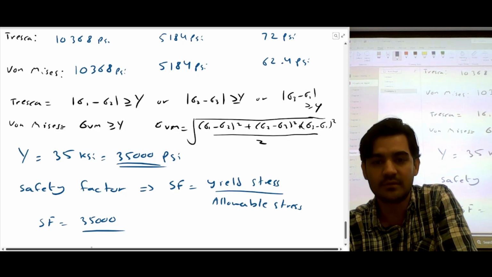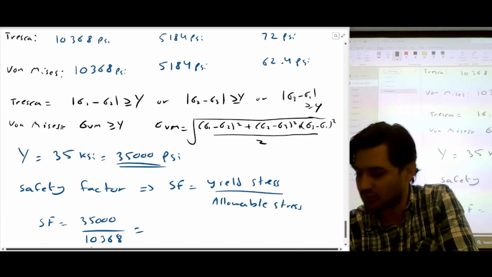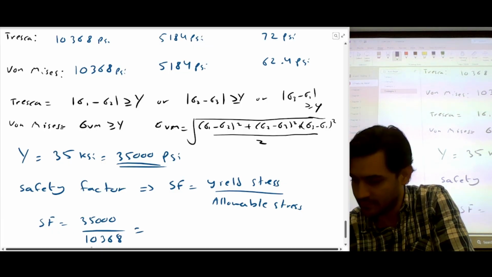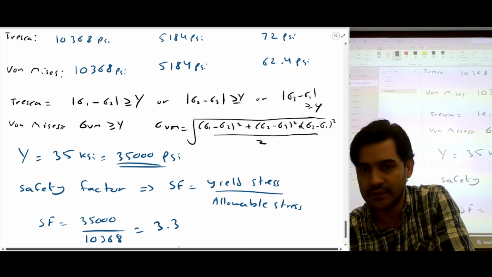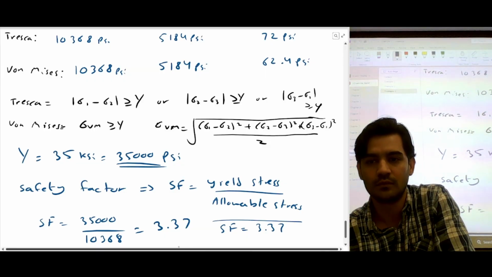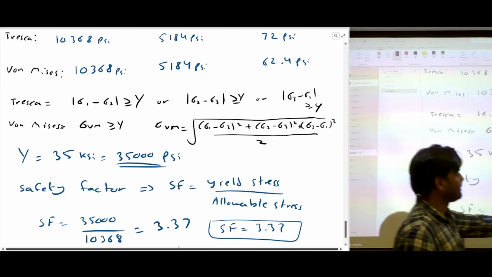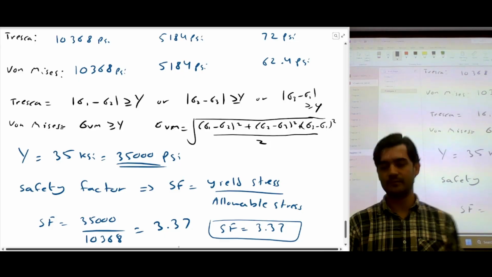And our maximum stress is 10,368. So the safety factor in our case is 3.37. So it means the capacity is 3.37 times higher than the stress we are experiencing. So we are quite safe here.